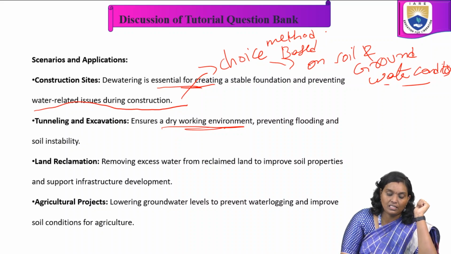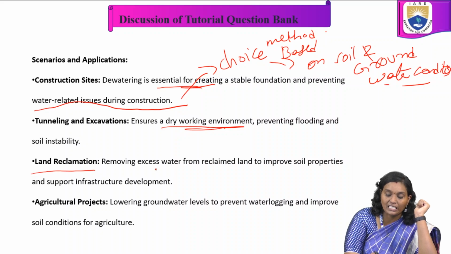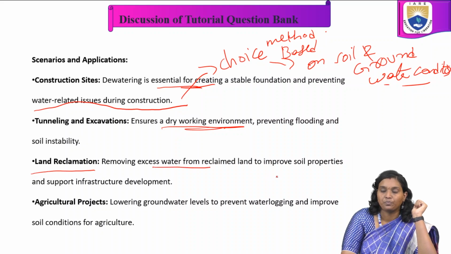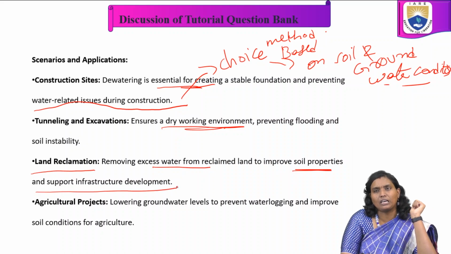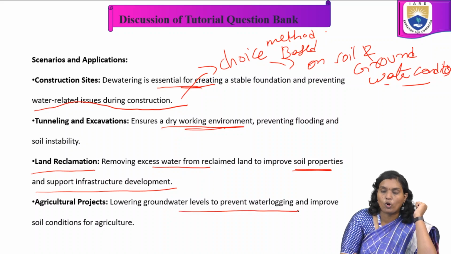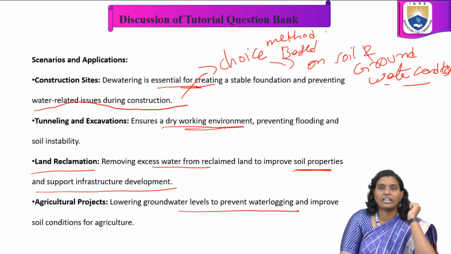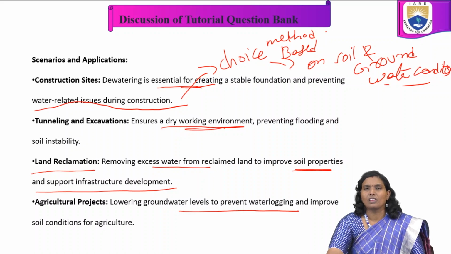The next one is land reclamation: removing excess water from reclaimed land to improve soil properties and support infrastructure development. And also agriculture projects, lowering groundwater levels to prevent waterlogging and improve soil conditions for agriculture.